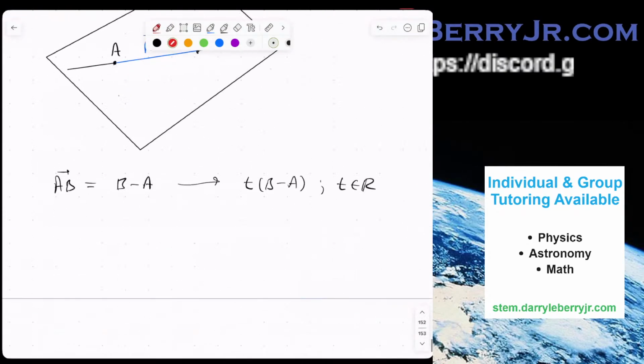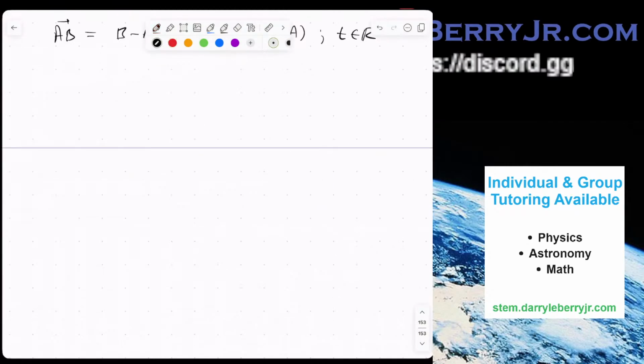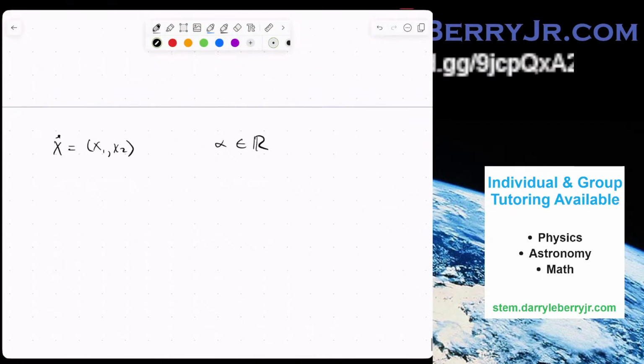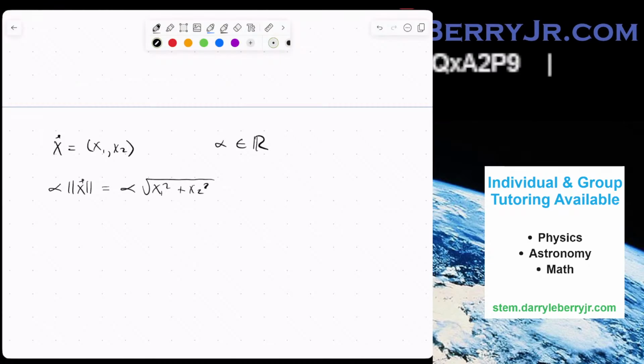So scalar multiplication. You can scale a vector. So if x is a vector and alpha is a real number, then alpha times the magnitude of x is going to be alpha times the square root of x1 squared plus x2 squared.